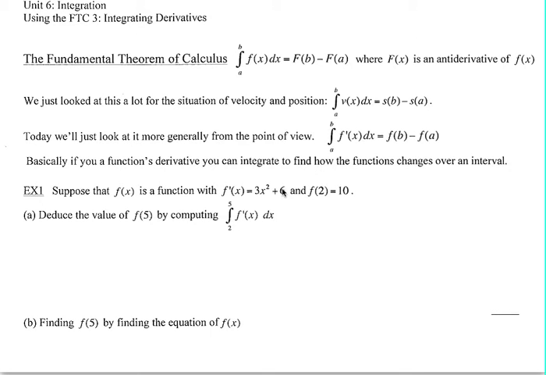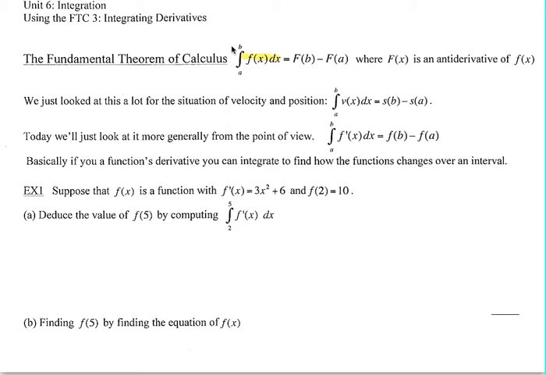We're going to start with the verbiage that's up here, and walk through this quickly before we get to example 1. So we've been looking at the integral, the area underneath the curve f of x.